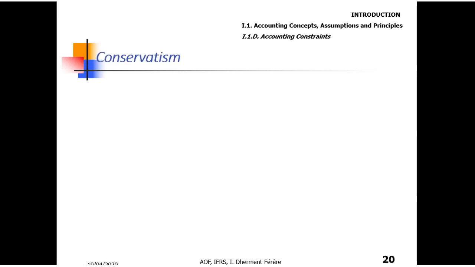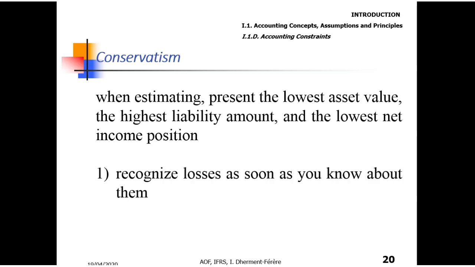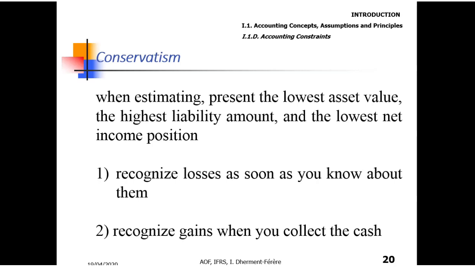Conservatism. When estimating, present the lowest asset value, the highest liability amount, and the lowest net income position. 1. Recognize losses as soon as you know about them. 2. Recognize gains when you collect the cash.